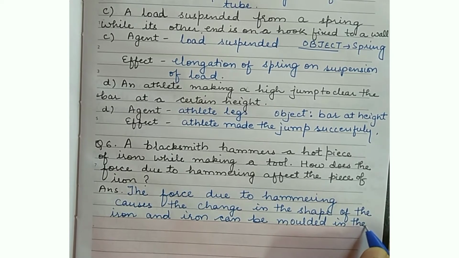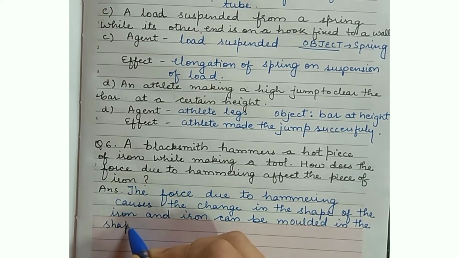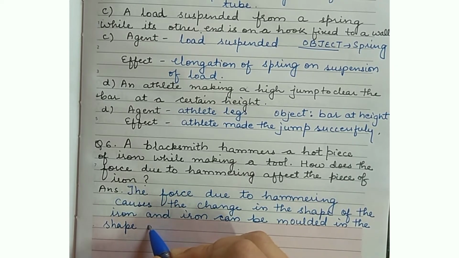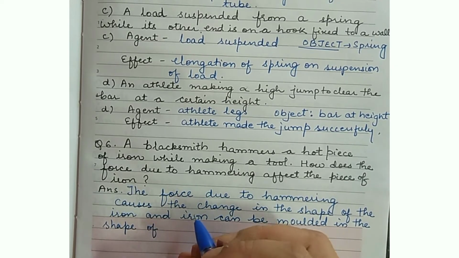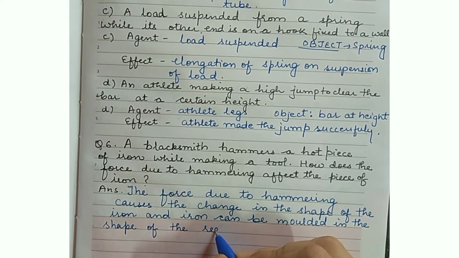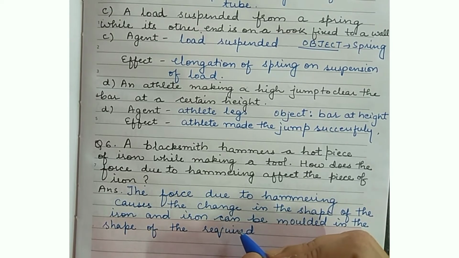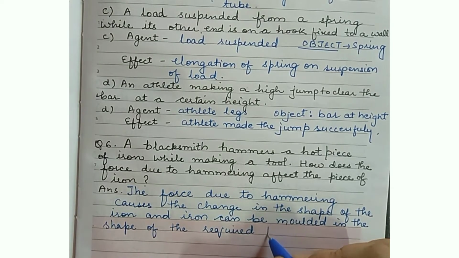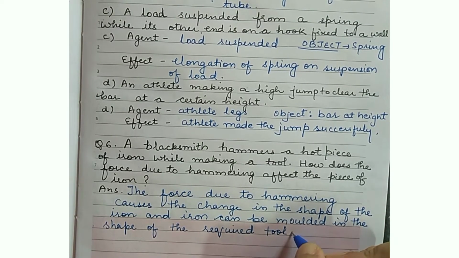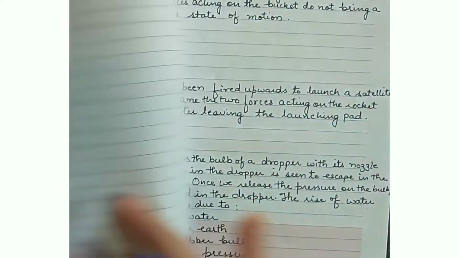Okay, and this property of iron is also known as malleability, because iron is a metal, and the property of changing the shapes of metal into sheets is known as malleability. Now here we are studying about force. So this is the effect of force.